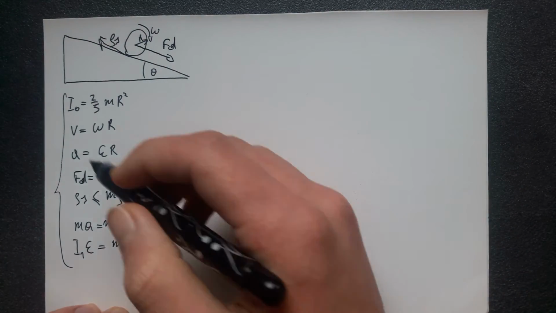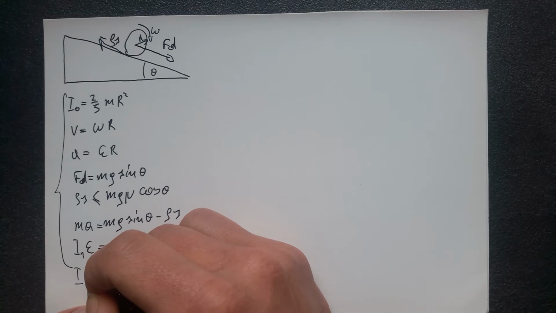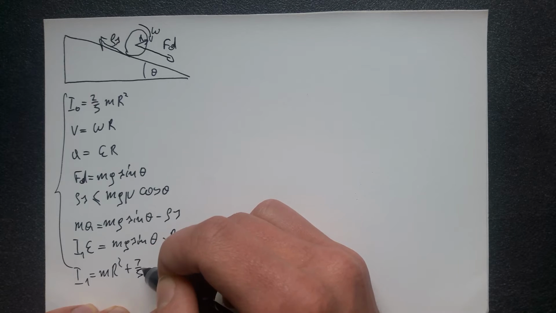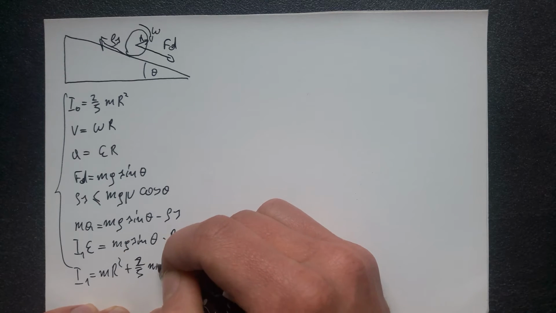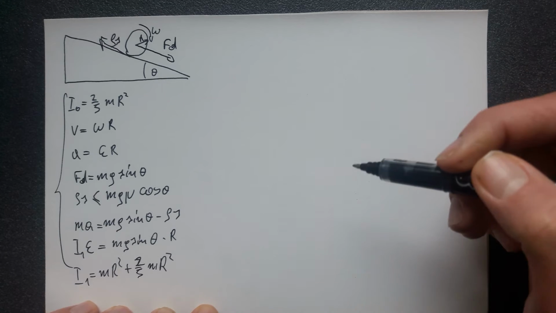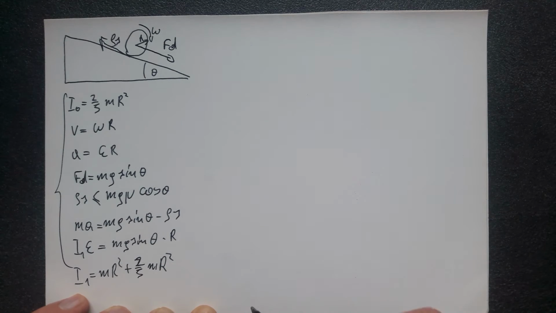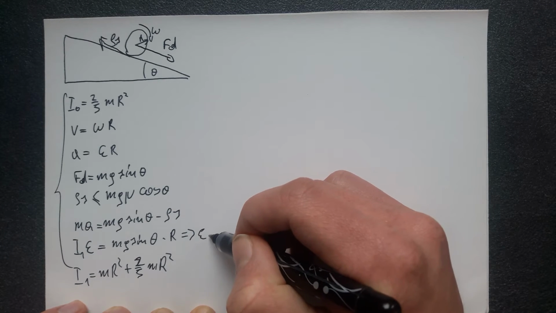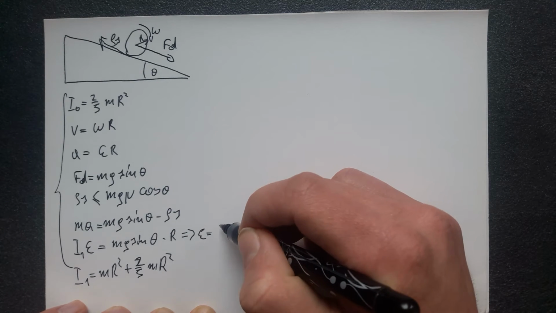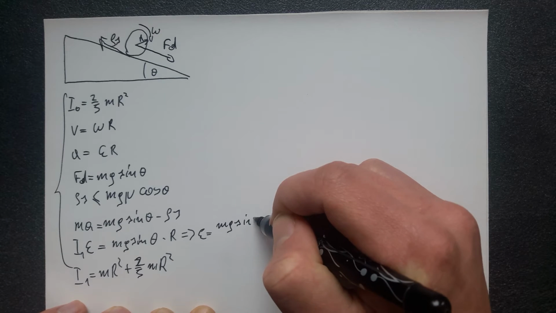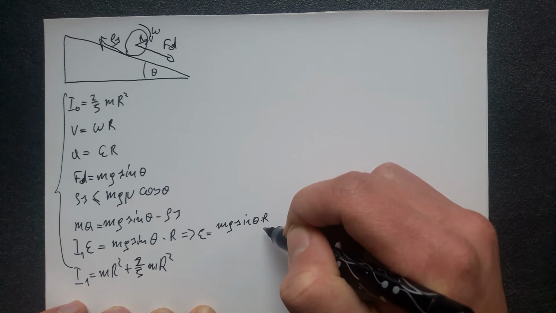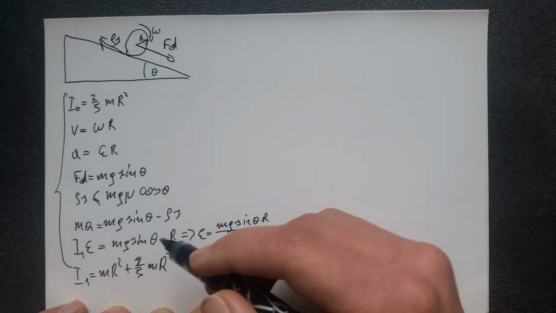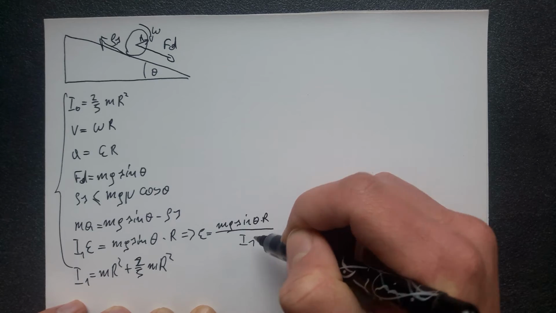Maybe let's just calculate the I1. I1 in this case will be equal to mr squared plus 2/5 mr squared. Okay, and now we need to solve this equation. So from this equation follows that epsilon is equal to mg sine theta times r, like a weird notation, but who cares, divided by I1.